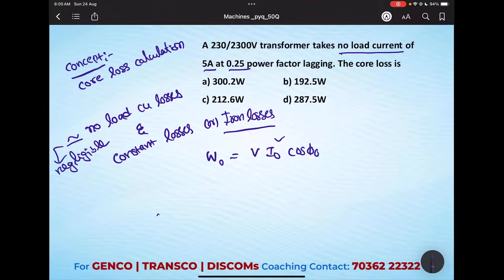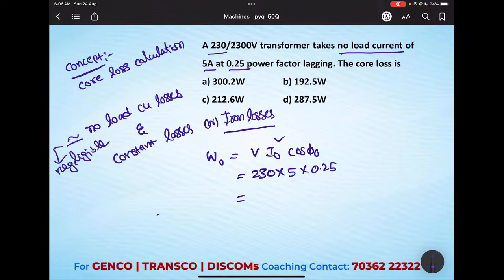No load means the secondary is not connected to any load, so the primary is excited. So we need to consider the primary voltage here: 230 into I naught, which is 5 amps, and the power factor is 0.25.